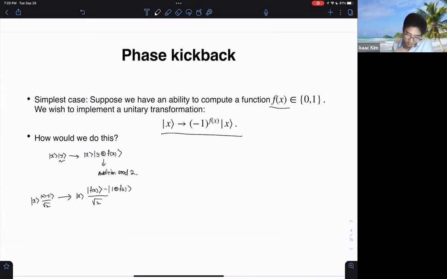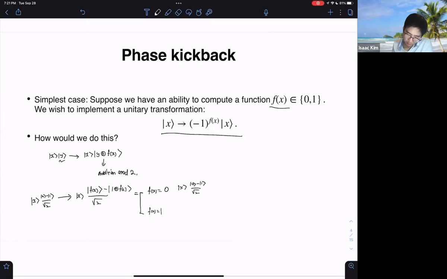Now let's see what happens. Let's consider two cases. If f(x) is 0, then this state is just the same as the original state.